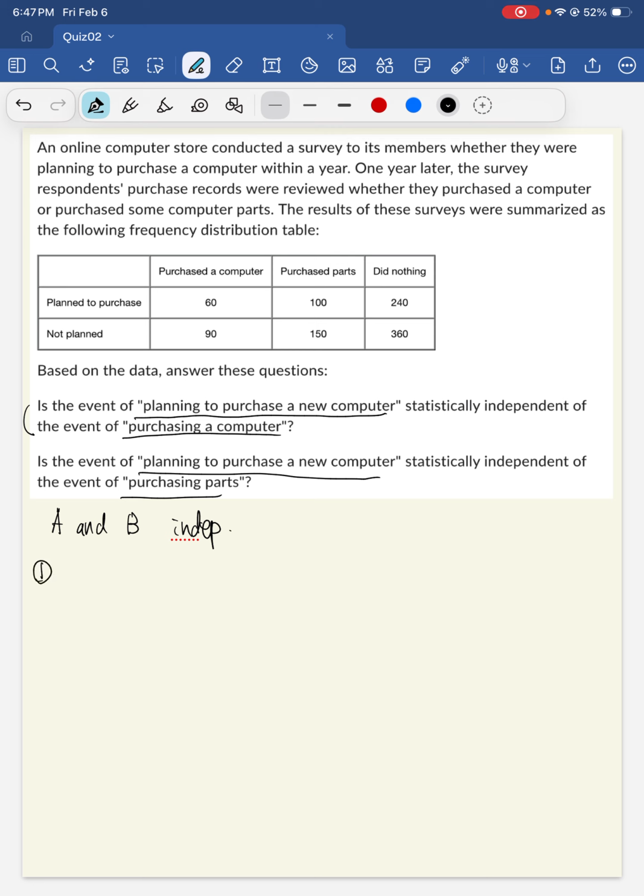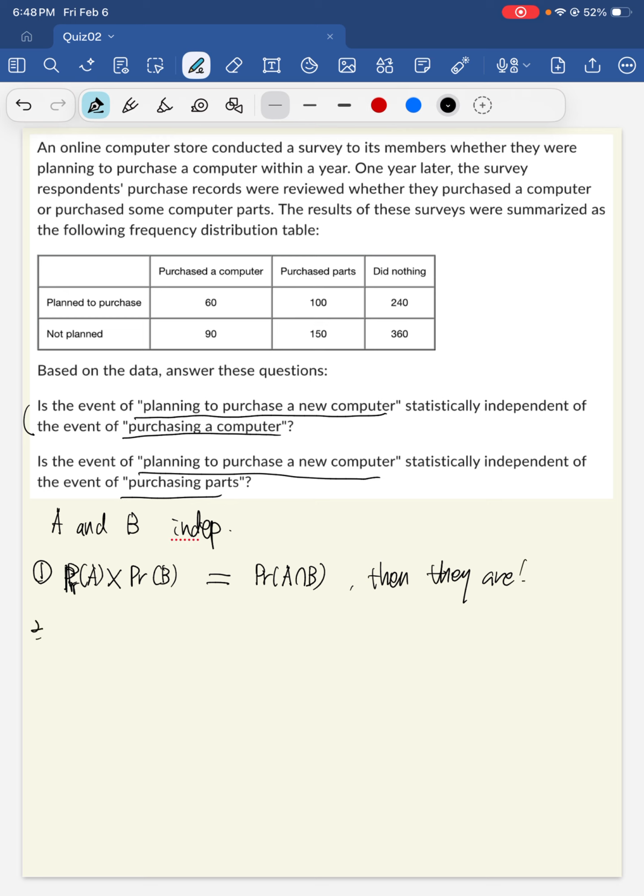Method 1: you calculate probability of A and probability of B, and calculate probability of A intersection B, A cap B. So calculate these probabilities separately, and if you multiply the first two probabilities, and the product equals the intersection probability, then they are independent.